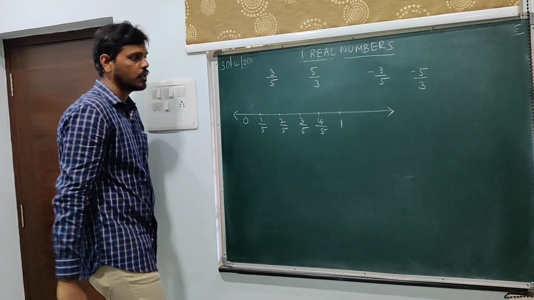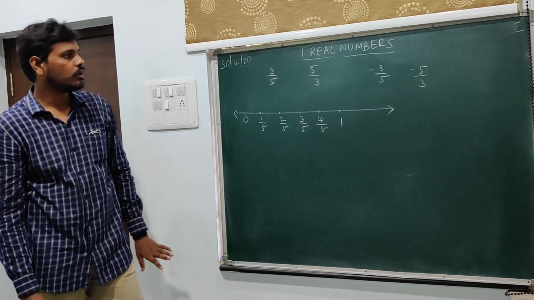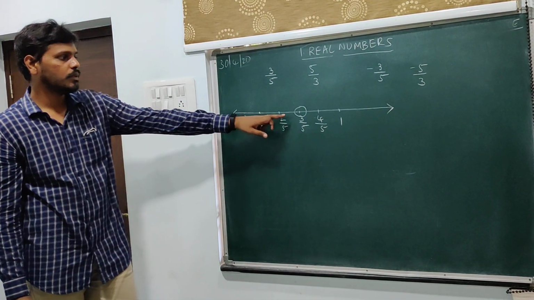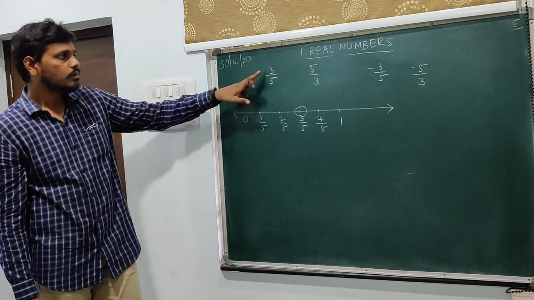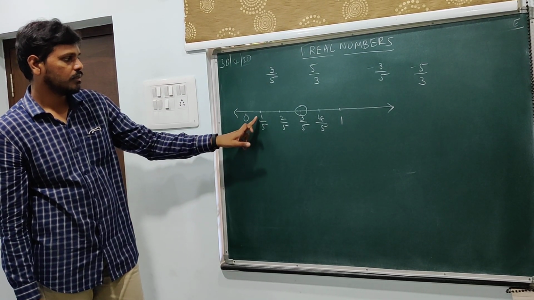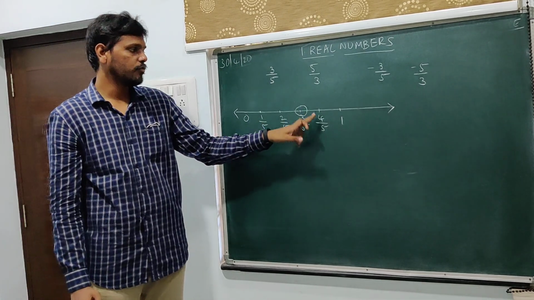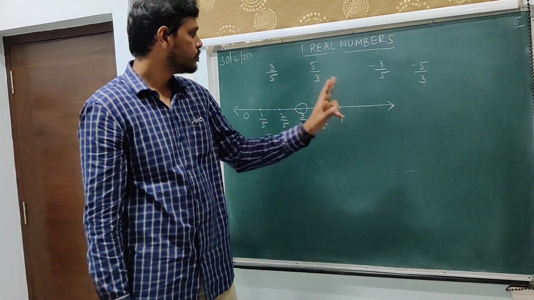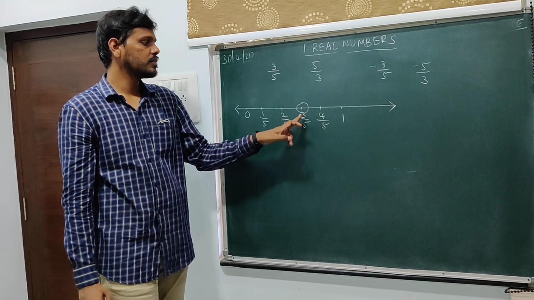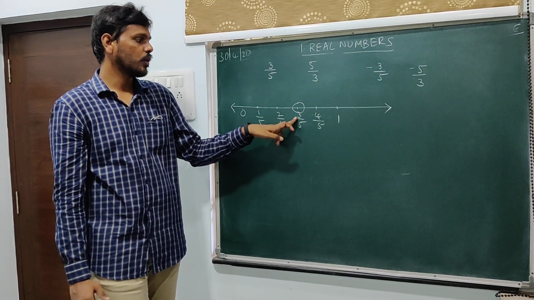And you can move further. So we got the number which we want here, that is 3 by 5, so we encircle this. So this is the way we represent 3 by 5. That is, looking at the denominator, we start writing numbers 1 by 5, 2 by 5, 3 by 5, 4 by 5, and move on until you arrive at 3 by 5, and we encircle that number which is required.